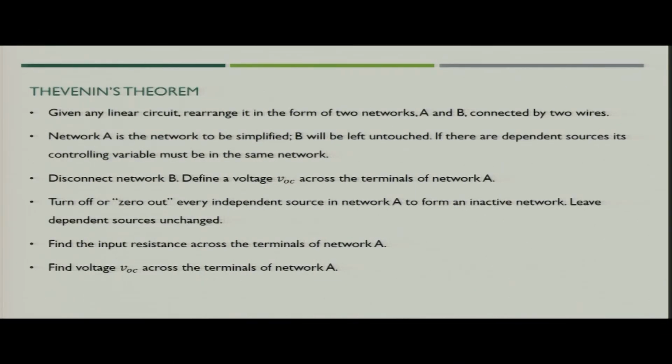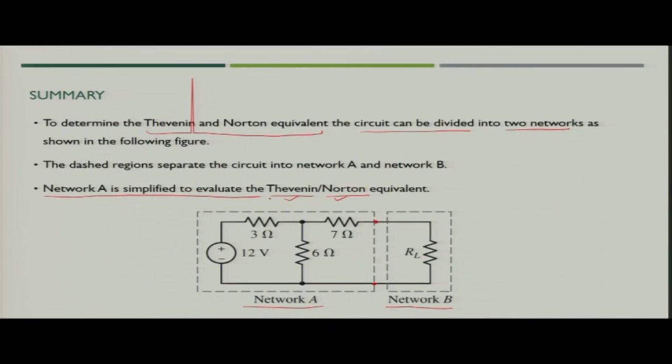So, what do we do in case of Thevenin's theorem? Given any linear circuit, we rearrange it in the form of two networks A and B connected by two wires. Network A is the network to be simplified and B will be left untouched. So, in this circuit, this would be simplified and this would be untouched.